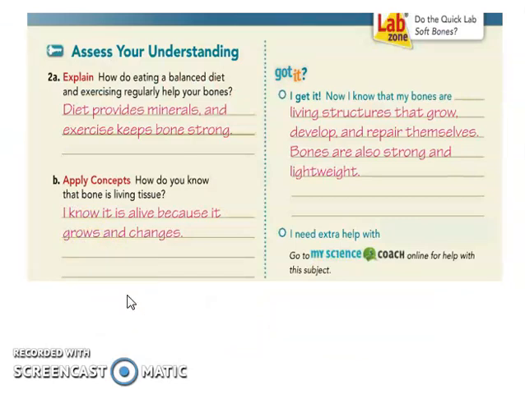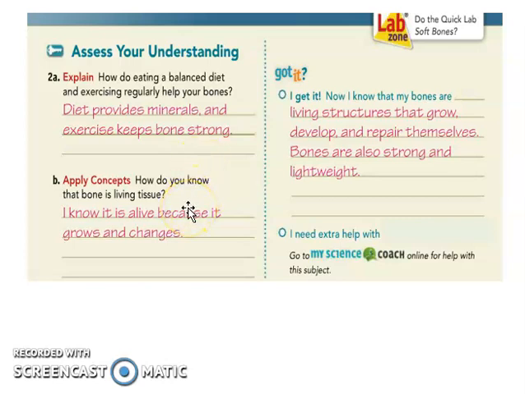How do eating a balanced diet and exercising regularly help your bones? Diet provides the minerals. A good proper diet should be rich in calcium and phosphorus so that you will have good bones when we grow old. And exercise also keeps our bones strong.